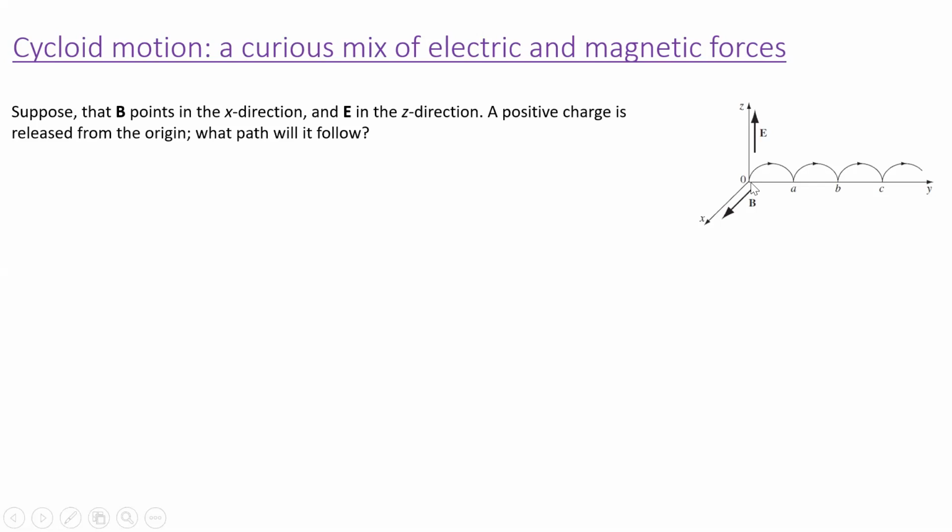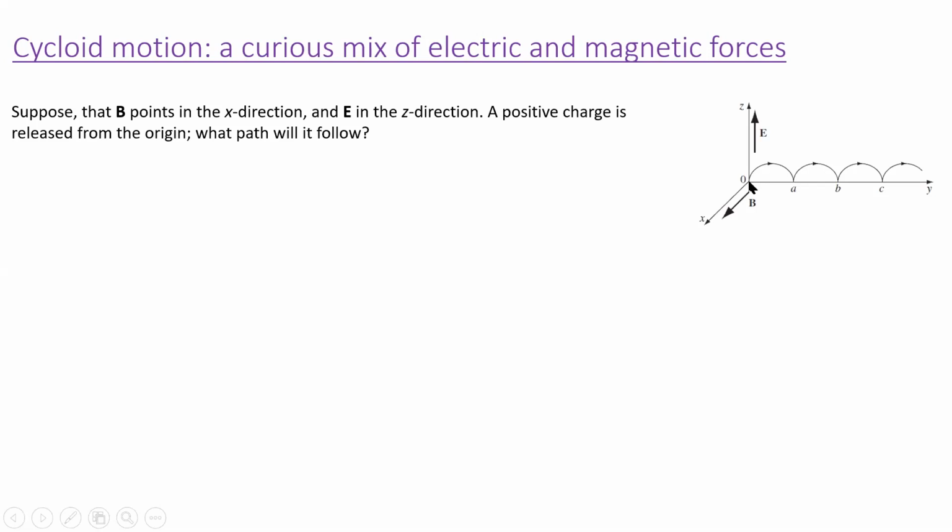Well, we're going to analyze in some detail this situation because it's kind of interesting, and it leads to some interesting aspects of differential equations. But let's just think a little bit first about what will happen physically. So initially, let's suppose the particle is not moving.